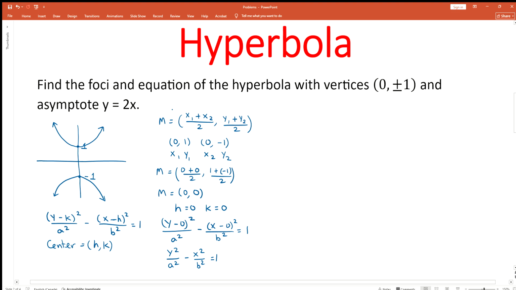Both asymptotes pass through the center of the hyperbola. In the sketch, we can show the asymptotes like this. Both of these asymptotes pass through the center of the hyperbola, which is at the origin.